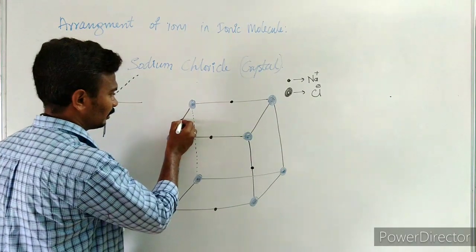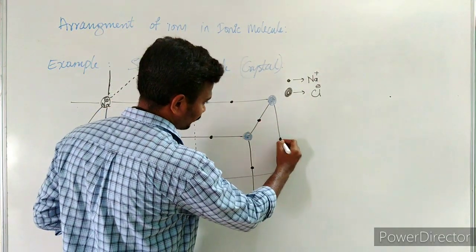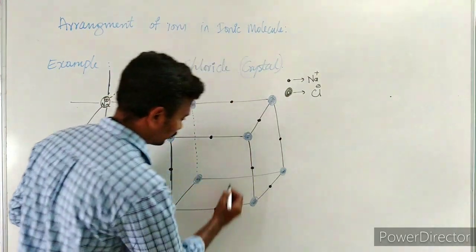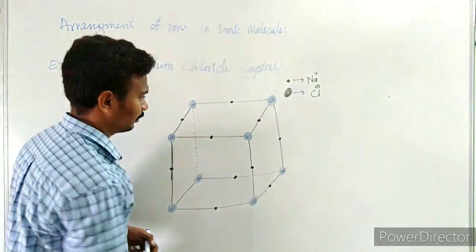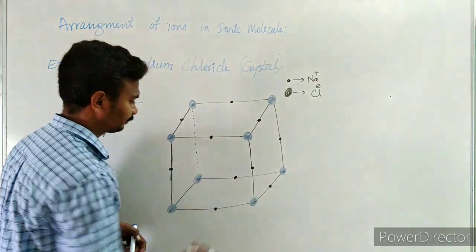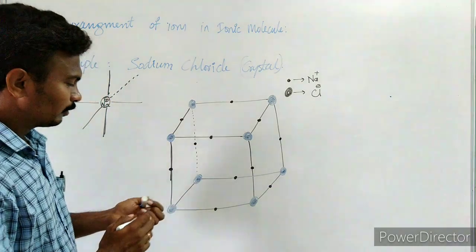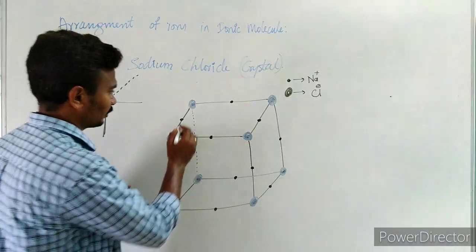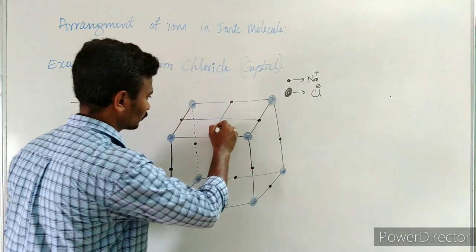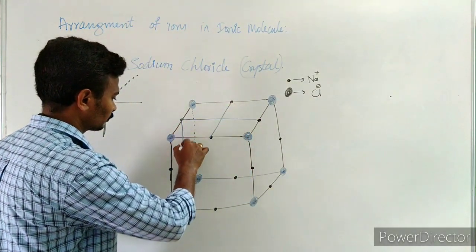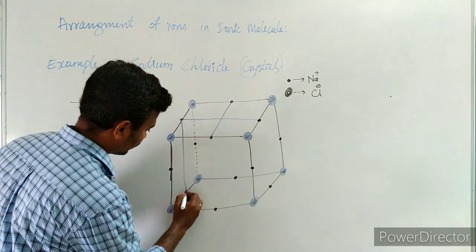Just with that concept we are showing that between every two chloride ions we are representing one Na plus ion. Here also, in between these two. Now these will be bonded to each other. Here also one sodium ion.